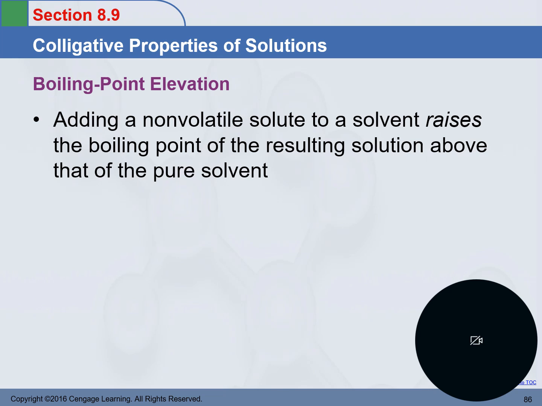If you were a chef, maybe you know that you add salt to your boiling water on the stove so that you can cook your pasta or whatever at a higher temperature. So adding non-volatile solute to a solvent raises our boiling point.